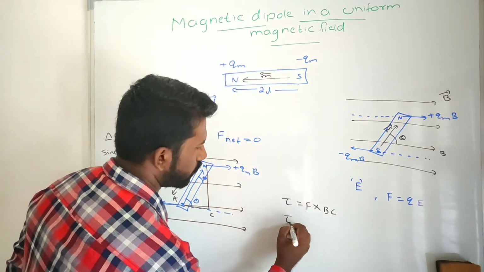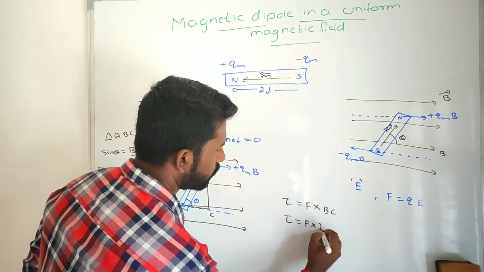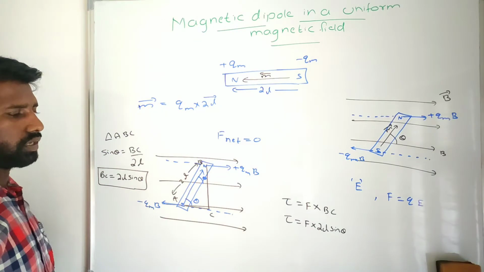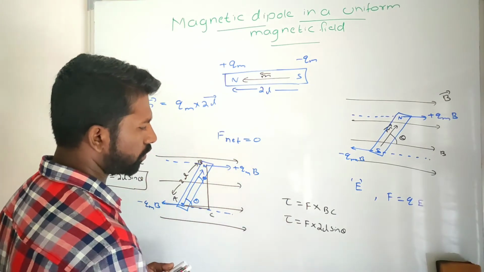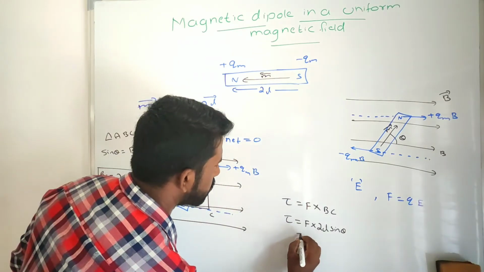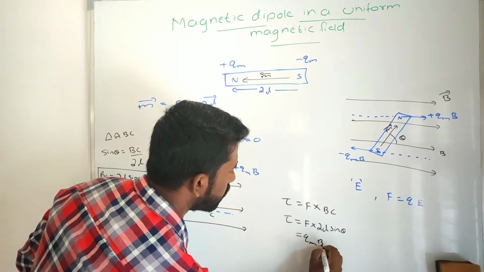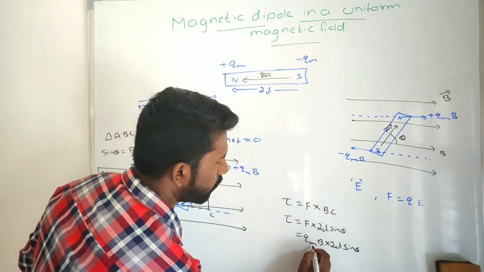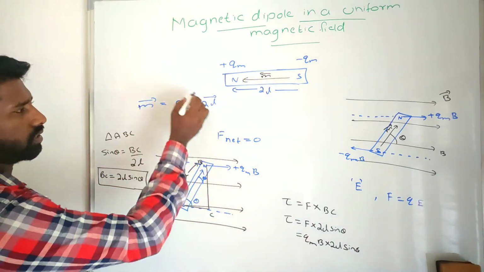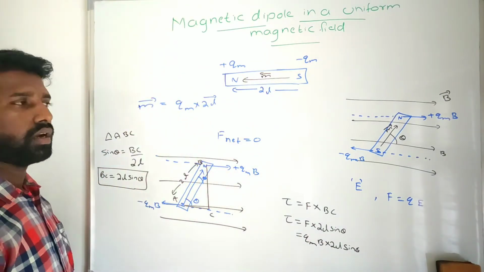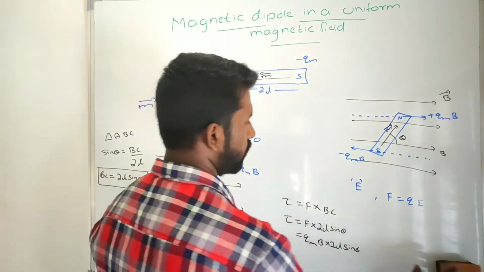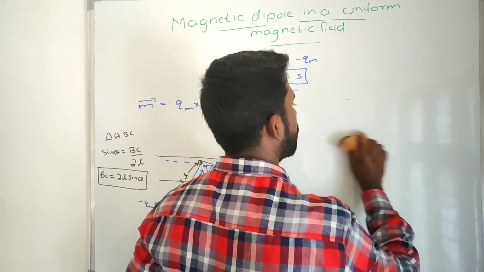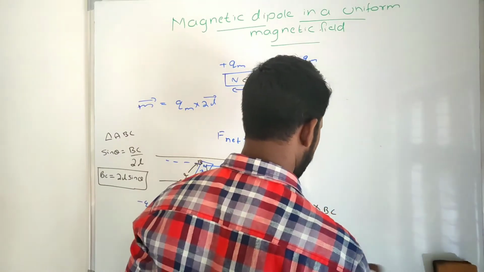Now we can substitute: the torque is equal to force into 2L sine theta. What about the force? The force is Qm into B, so the torque is Qm into B into 2L sine theta. What about this Qm into 2L? That is the magnetic dipole moment.